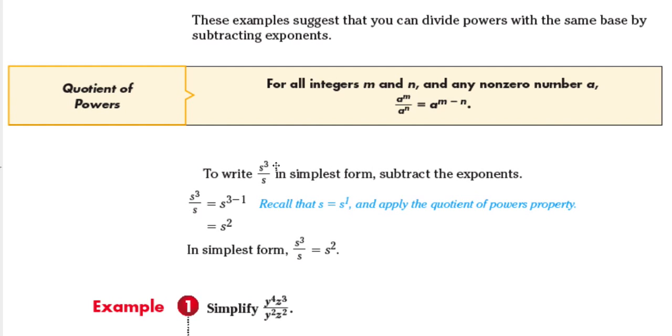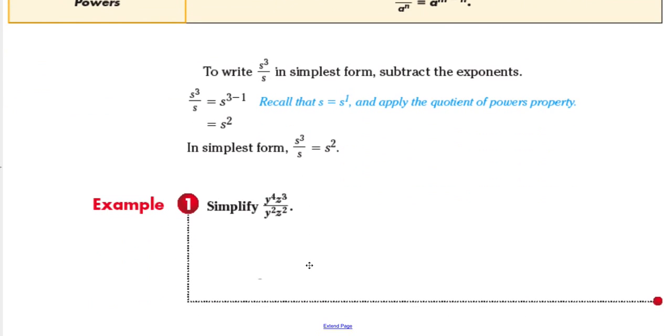To write s cubed over s in simplest form, we simply subtract the exponents. We know that the exponent of s is 1, so this becomes s to the 3 minus 1, and it ends up with s squared. So in simplest form, s cubed over s is equal to s squared.